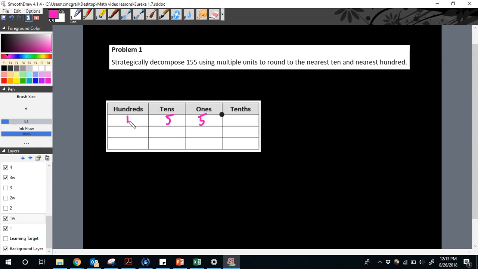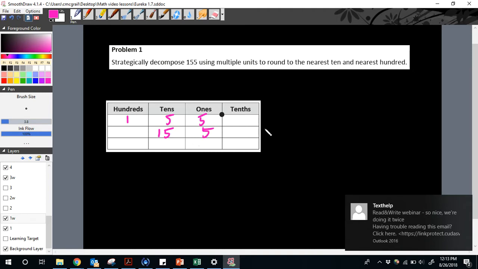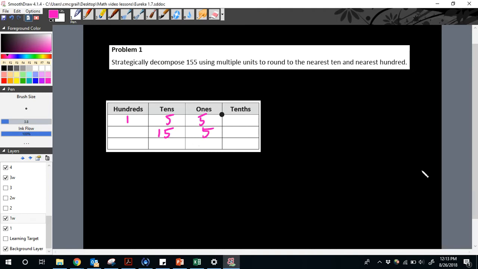Instead of using 100 and then 5 tens, I can also just write 15 tens and 5 ones. The last way that I can do it is not using the hundreds, not using the tens, and just using 155 ones. And that's going to help me round in this way.